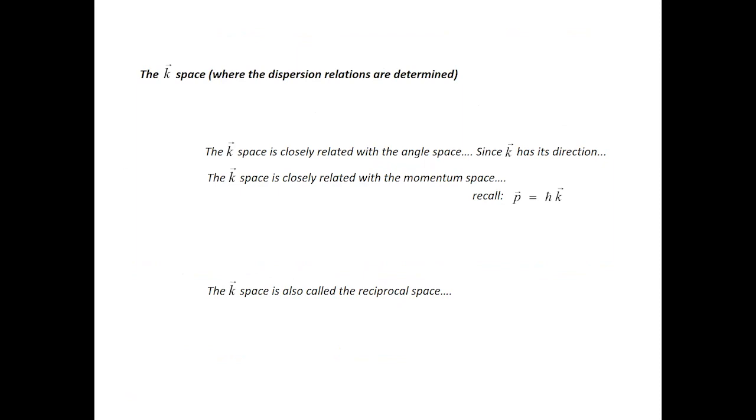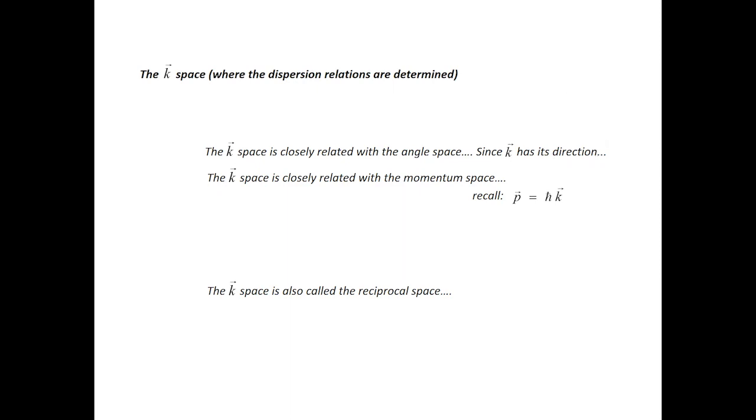And then we have this k space again. This is the space where the dispersion relations are determined. The dispersion relation is just a relation between energy and momentum. We already know that this k space is closely related to angle space because k has its direction, right?